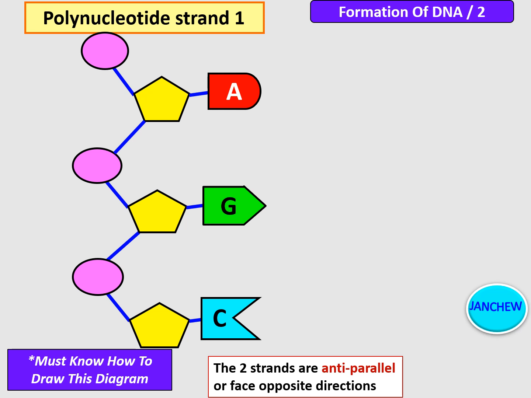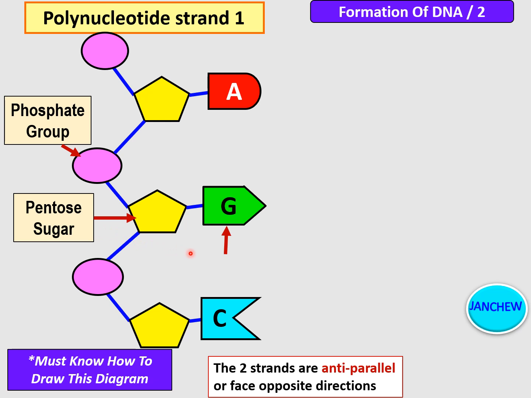Here is our polynucleotide strand, one of it. But DNA consists of two polynucleotide strands. So how is the second strand joined to this first one? First, we just label the components of the nucleotide: the phosphate group, pentose sugar, and nitrogenous base.